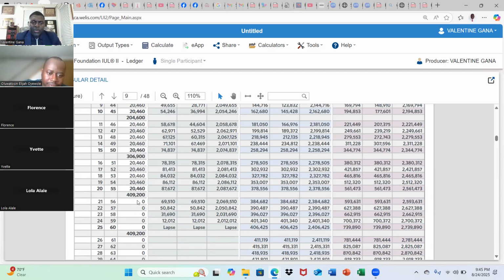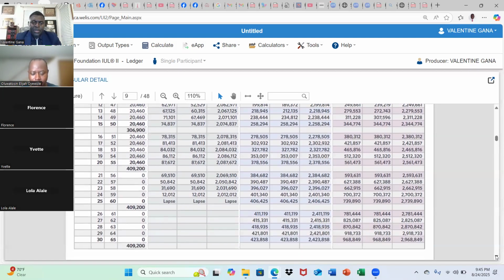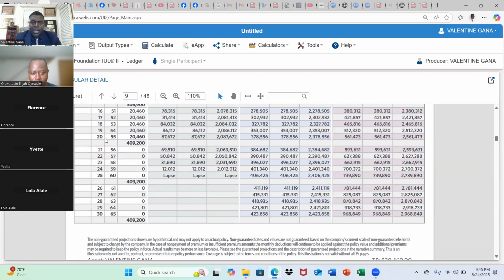You start paying, and after 20 years, see zeros after that. You're not paying anything else, zeros. Well, when you start paying at age 55, what was your cash? 561. What's your death benefit? 2.561.